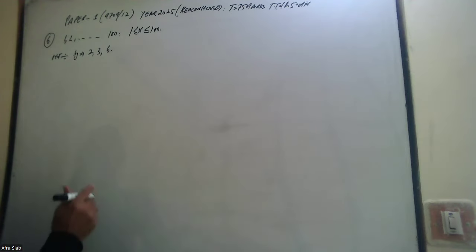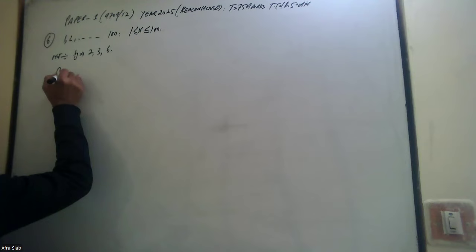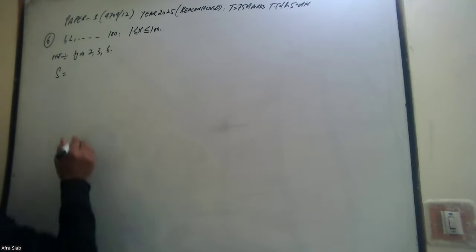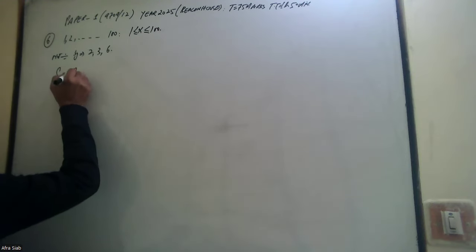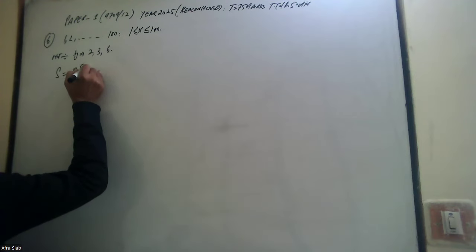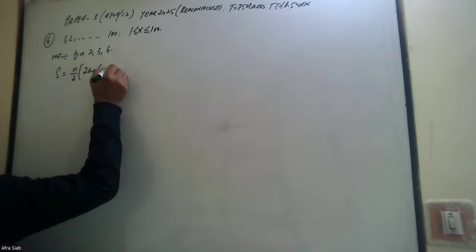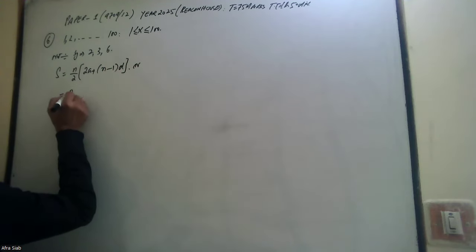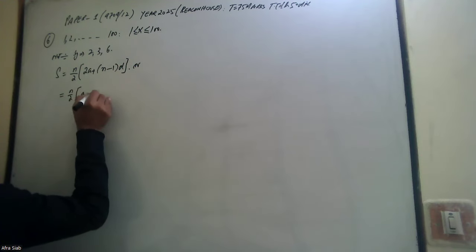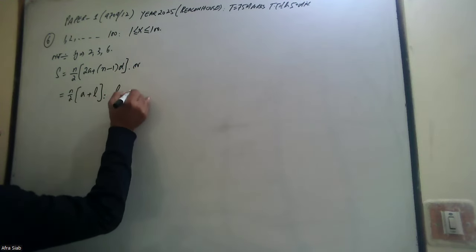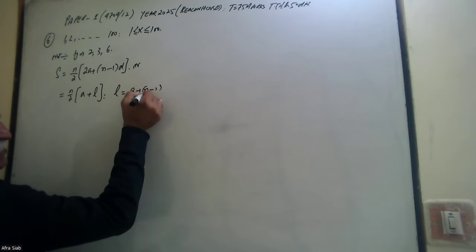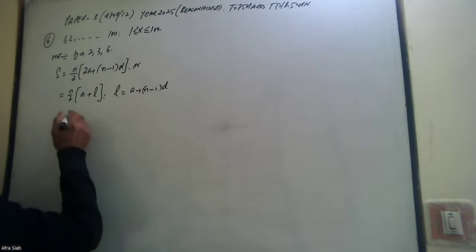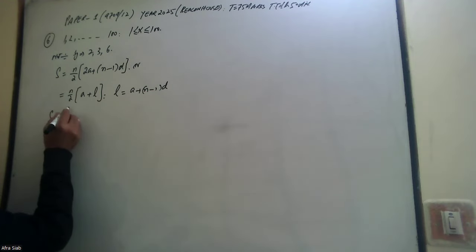So now we will find the sum of all the numbers from 1 to 100 inclusive. That is given by the sum of a series, n over 2 into 2a plus n minus 1 into d, or you can write n over 2 into a plus l, where l is the last term, which is a plus n minus 1 into d. Now, for the sum, n is 100 over 2.